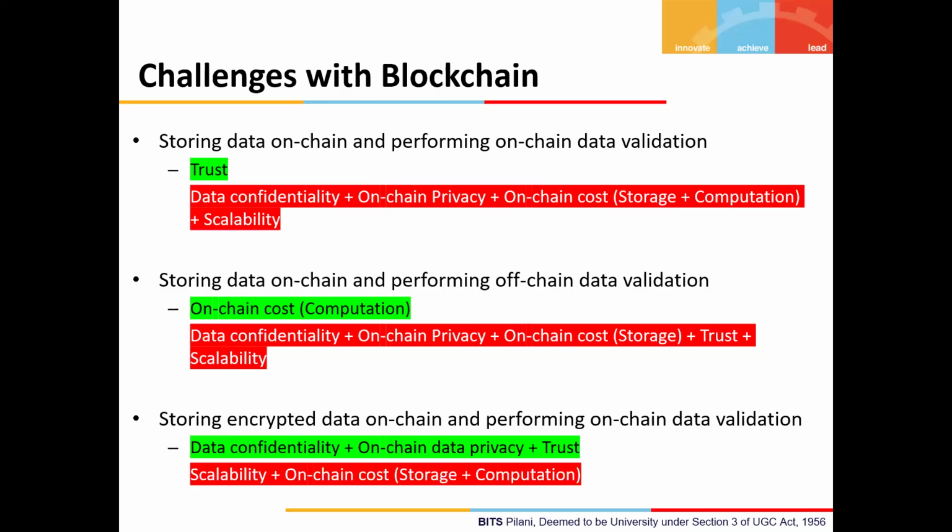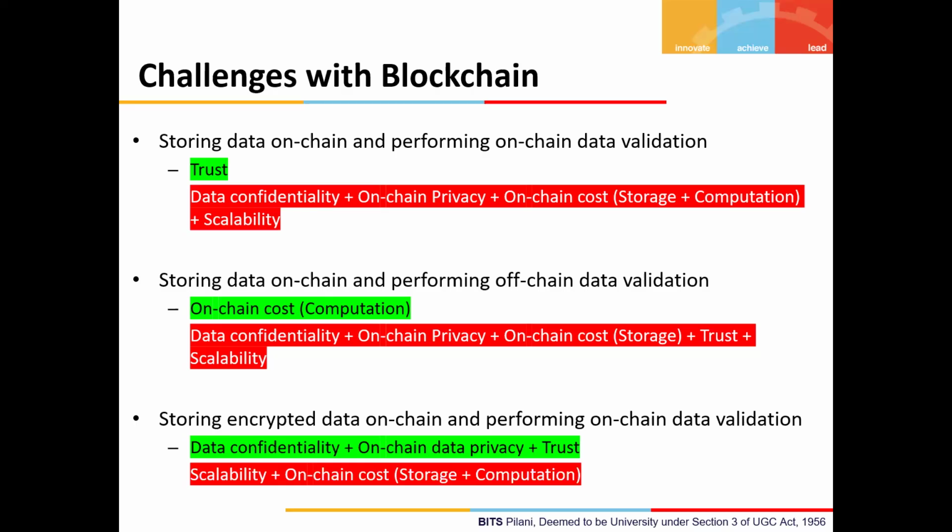Another scenario, if we are storing encrypted data on-chain and performing on-chain data validation. That means we are performing data validation over encrypted data. So in that case, we need to use homomorphic encryption because it allows us to perform computation over encrypted data, right?